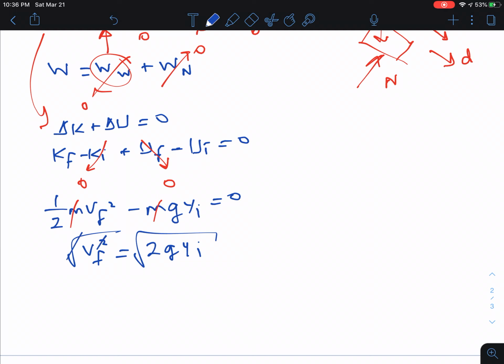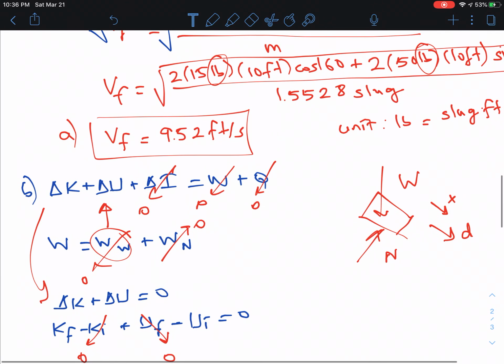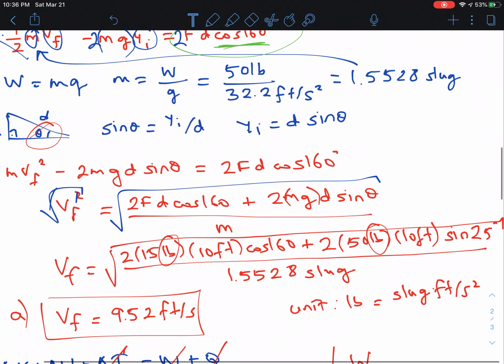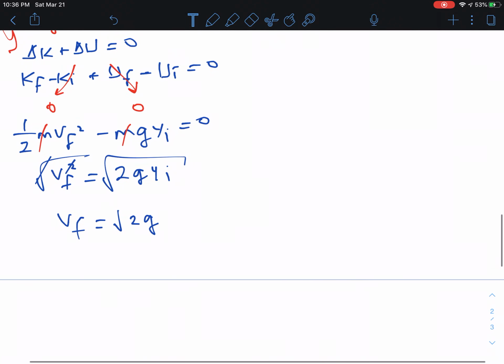These are going to go away. So v final is going to be root 2 g y initial. And once again, the same geometry. What is y initial? Let's just take a quick peek. Yes, right here. y initial is d times sine theta. So let's go down and write that.